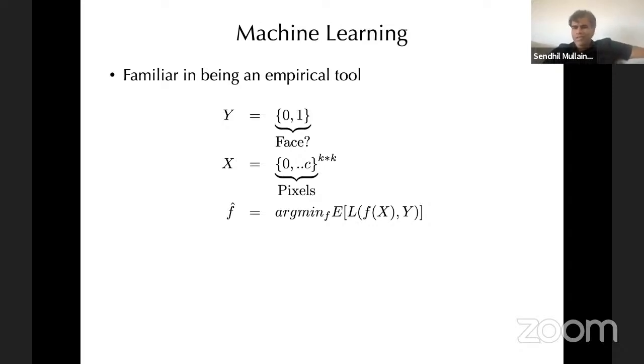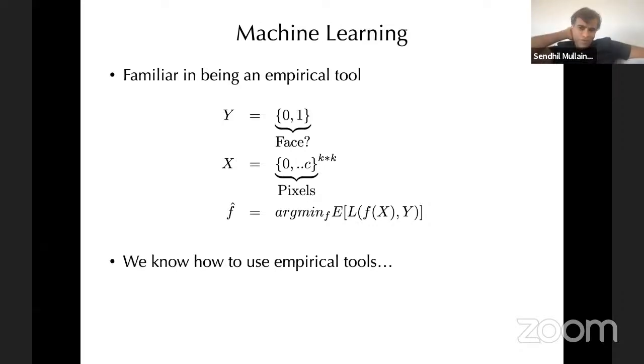And the output is a y. It's even very familiar in what you're doing: loss minimization. You're looking for an algorithm that makes a prediction about what the y is going to be, and you're trying to minimize some expected loss. This is the beginning of any econometrics textbook. So it's not just familiar, it's incredibly familiar.